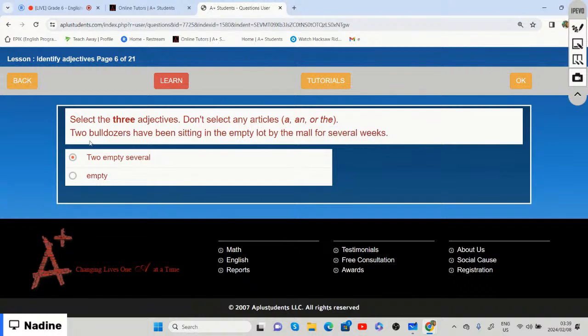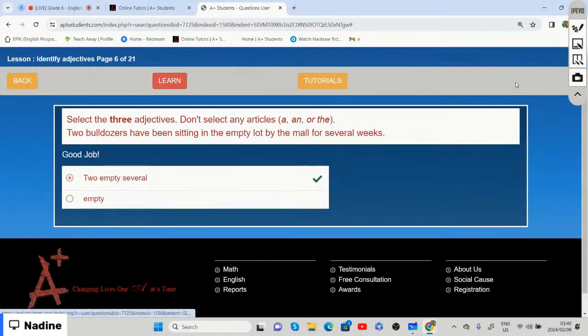So we said it's two bulldozers, so two being our adjective, empty lot, so empty being our adjective, as well as several for several weeks. So two, empty, and several. So well done.